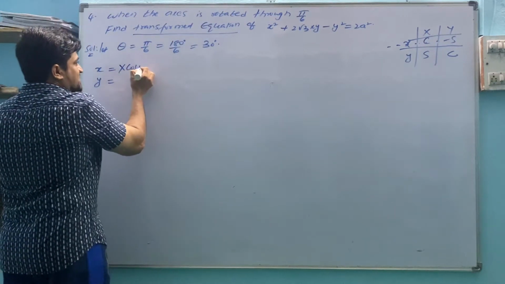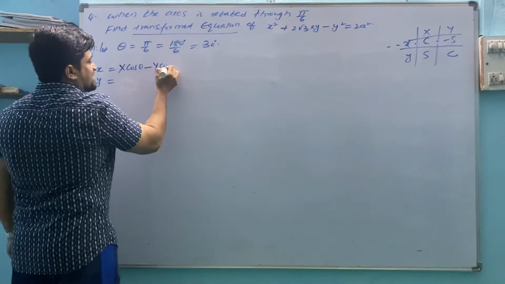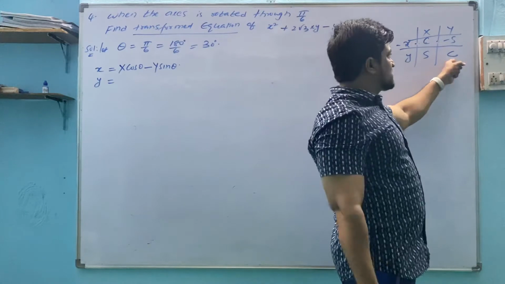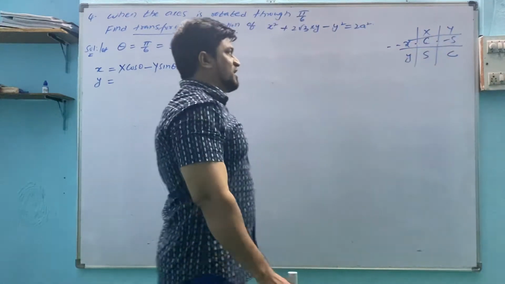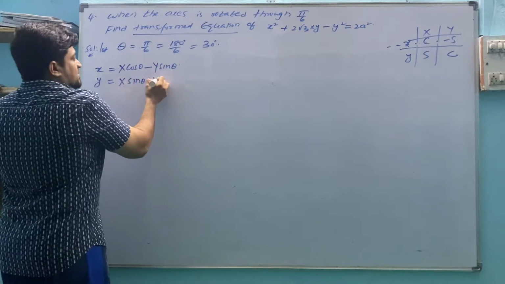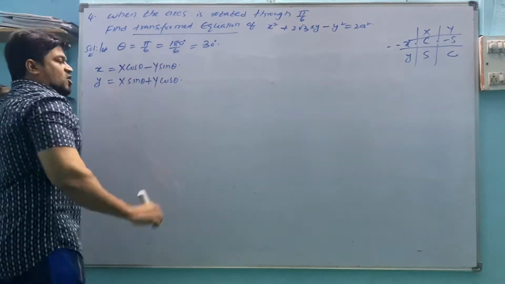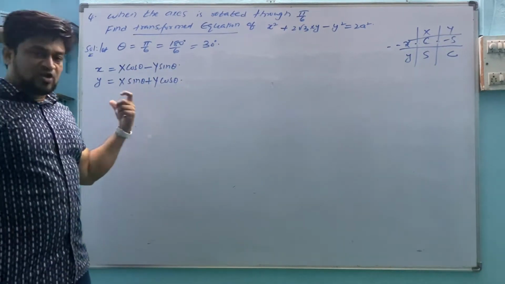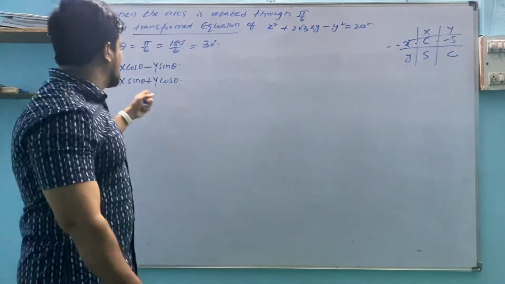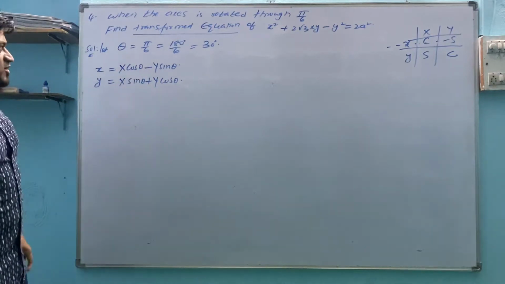So x: capital X cos theta minus capital Y sin theta. If I take small y: sin theta and cos theta, so capital X sin theta plus capital Y cos theta. Or else you can watch video 1 of this unit. You can get the formula list. You can learn those formulas. Just write them down here without going for the logic.